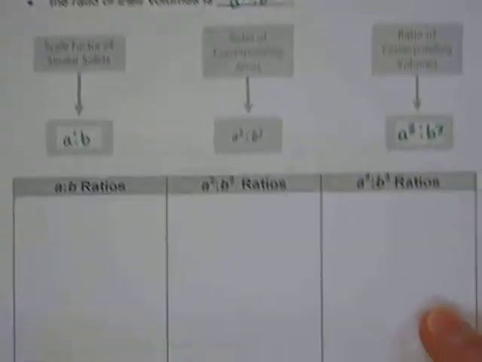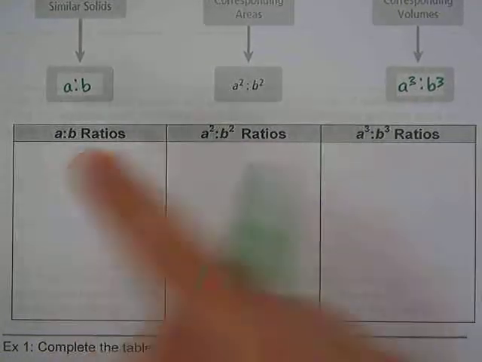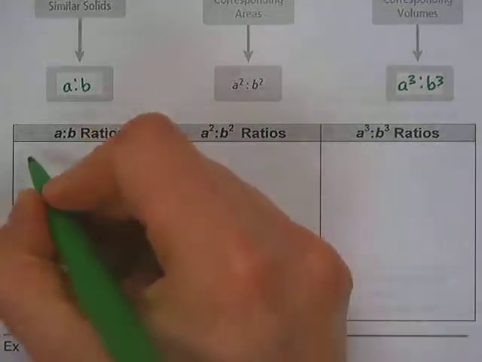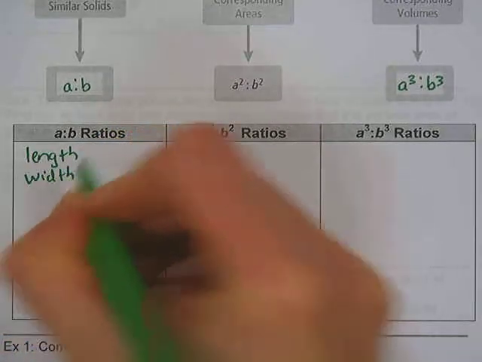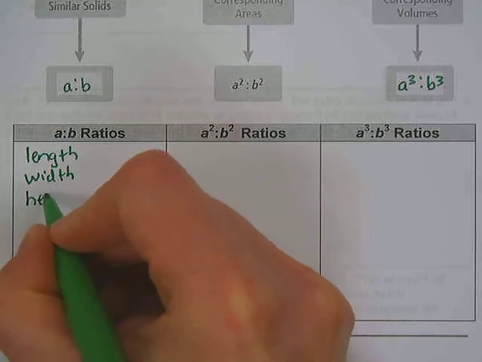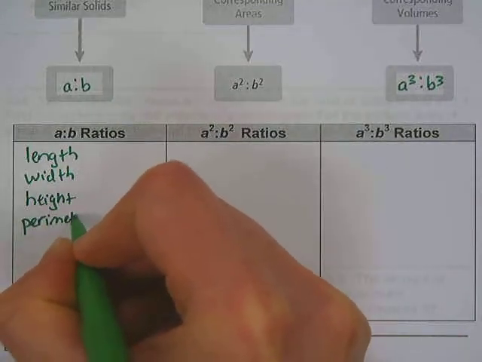Now, the thing about this is you always want to be very aware as to what we're talking about. So when I say A to B ratios, we're talking about things like length, width, height, perimeter.